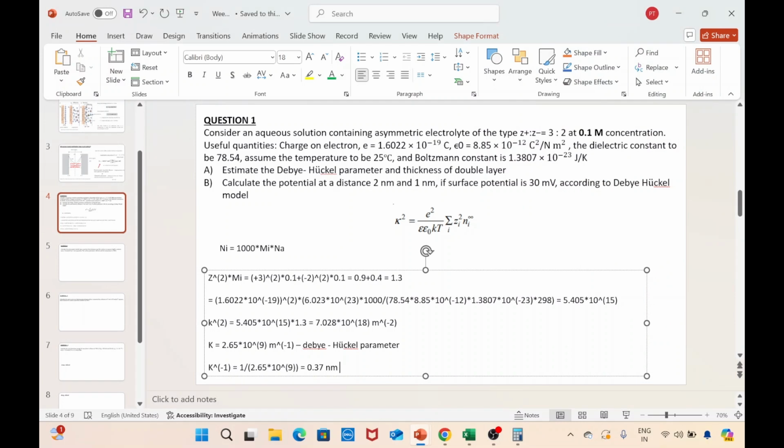So your Debye length, or the thickness of the double layer, is nothing but 0.37 nanometers.